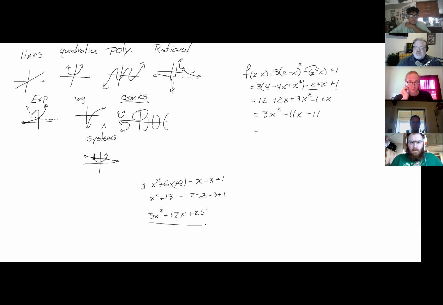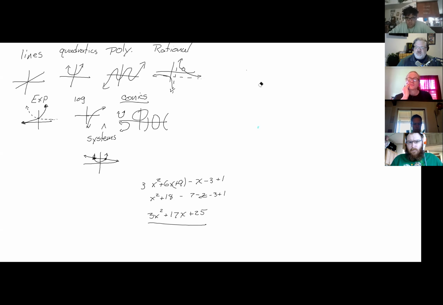So this is kind of the map for what we're going to look through in this course. Again, some of these will be more familiar and things you're more used to. Lines and quadratics, you've certainly got a fair amount of experience with. Polynomials, you've got some experience with. Rational functions might be new.